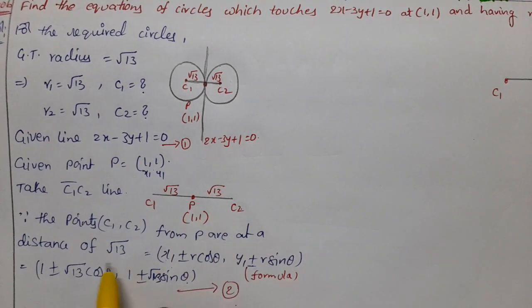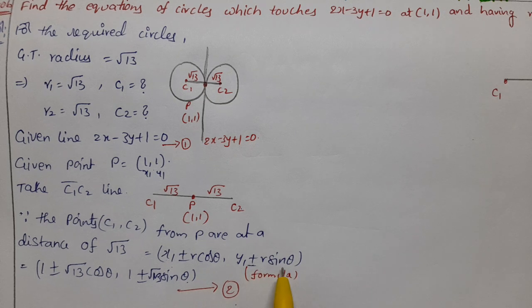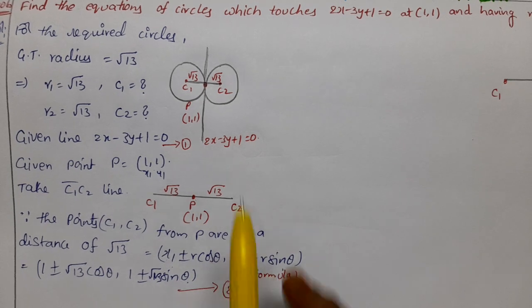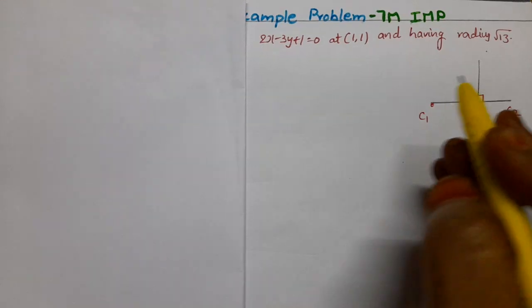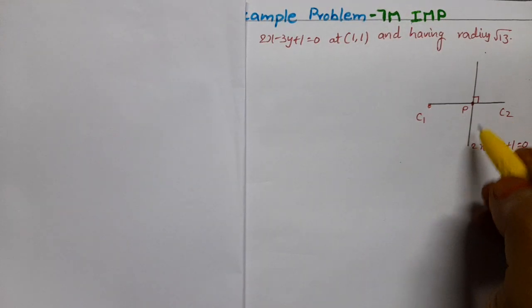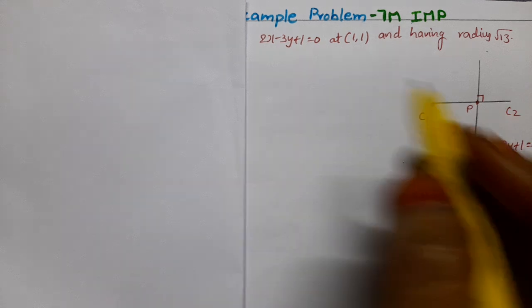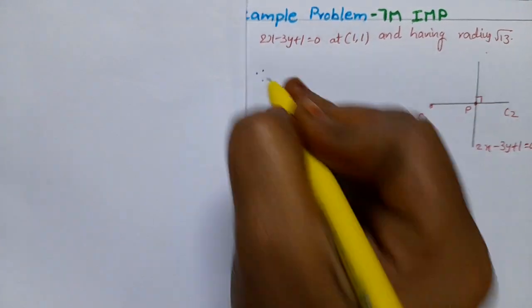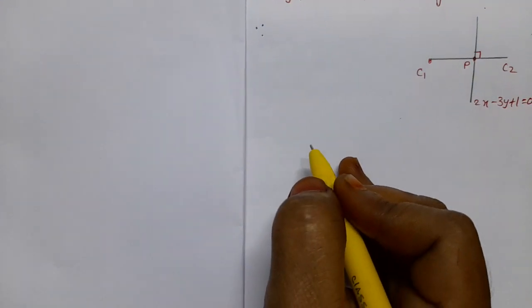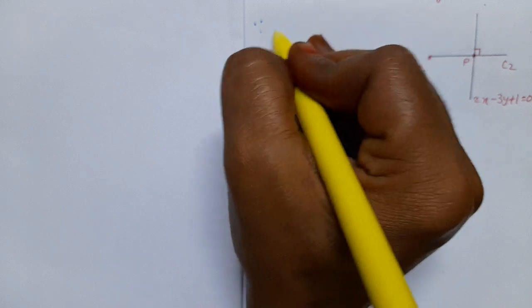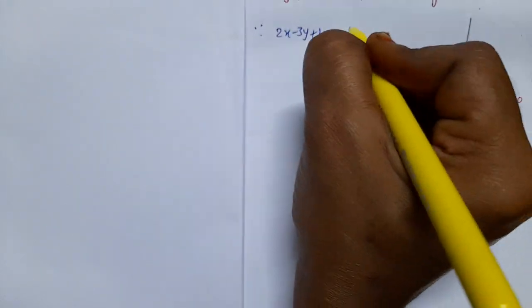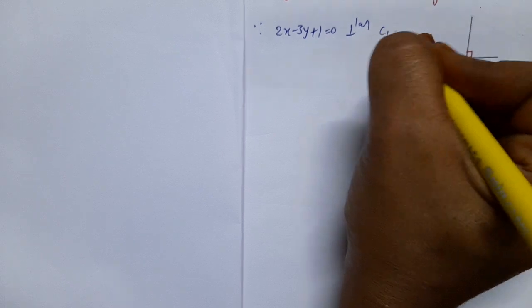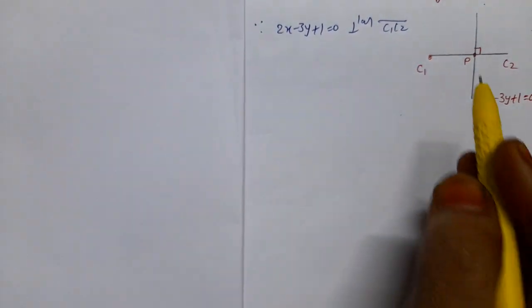From this point, we use the points formula. From this line, now we have to use this line. Since 2x minus 3y plus 1 equal to 0 is perpendicular to the C1 C2 line.